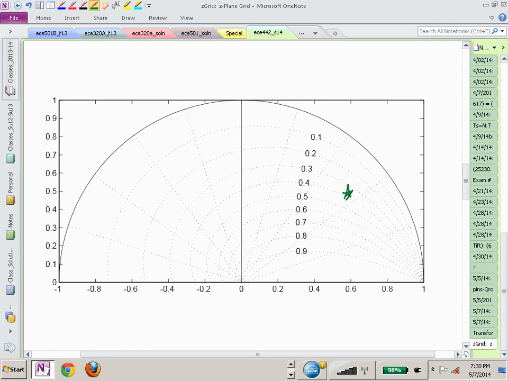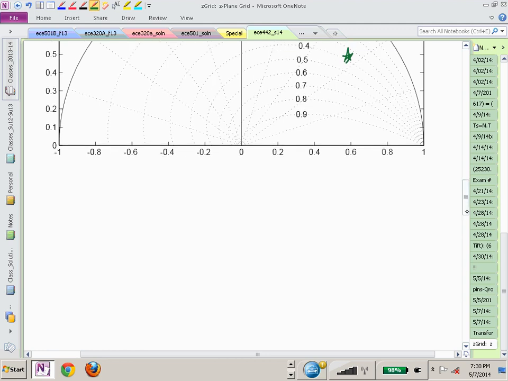And then from zeta, what do you know? As far as percent overshoot, if this was behaving like a pure two-pole system, what's your percent overshoot?